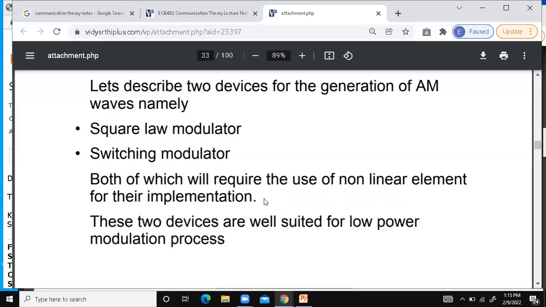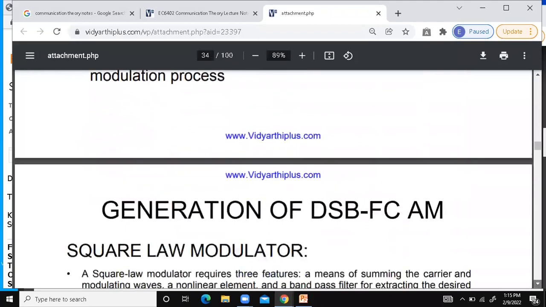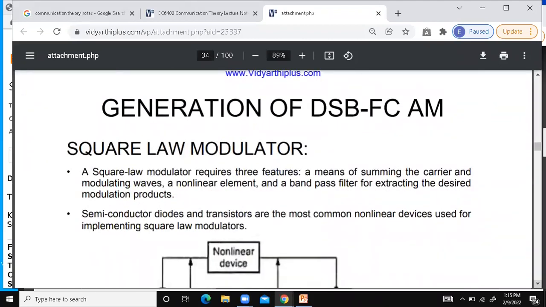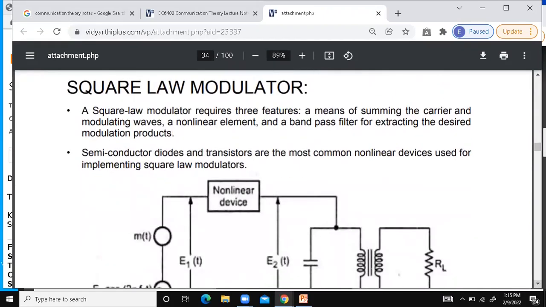These two devices are well suited for low power modulation processes. So let us look at the first one, the square law modulation.